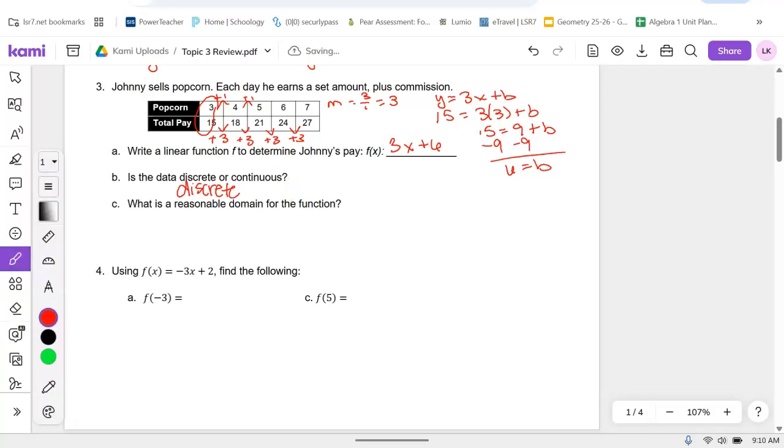Then what is the reasonable domain for the function? Domain would be your x's, so it would just be all positive numbers. Whereas if it asks for your range, that's your y's, and it'd be multiples of 3.